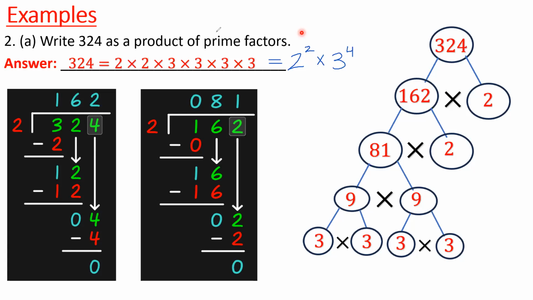And that'll give you 324 equals 2 times 2 times 3 times 3 times 3 times 3 equals 2 to the second power, and then 3 to the 4th power. Very good. Thank you for that explanation.